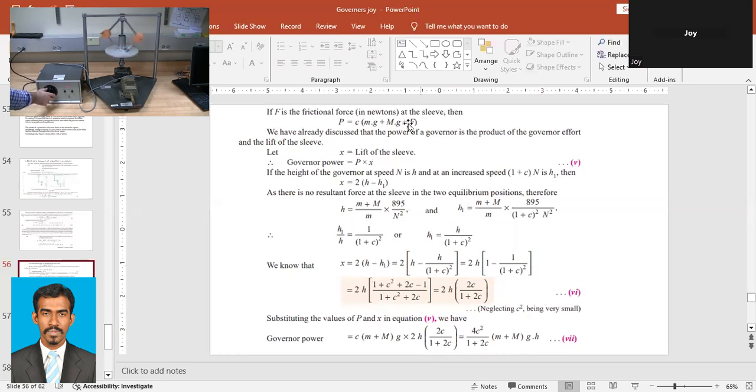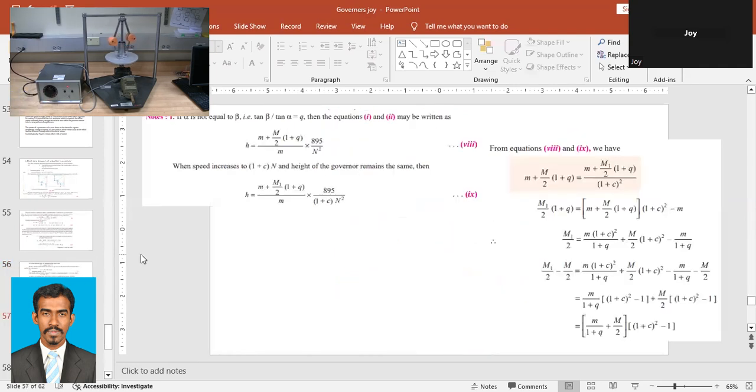So here at this point, we didn't consider the friction. If we consider the friction, then friction will also appear, either plus or minus f. So for now, we put it in this formula, p into x. P, I put only c into (small m g plus capital M g), x is 2h into 2c upon 1 plus 2c. So this is the power, that is 4c squared upon 1 plus 2c, (small m plus capital M) into g upon h.